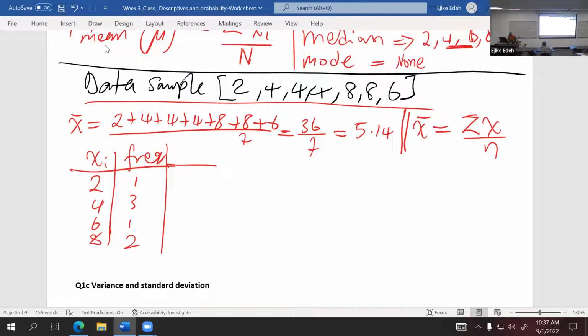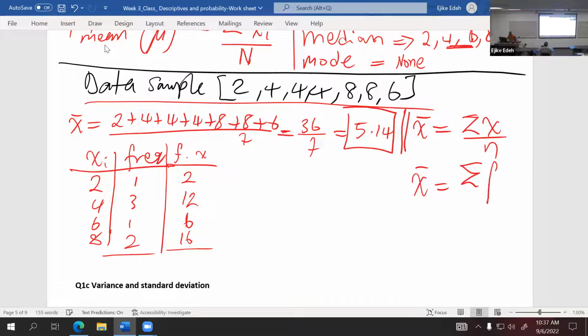So if we do frequency times the data point, then I'm going to have 2 times 1, that is 2 here. 4 times 3 will be 12. 6 times 1 is 6. 8 times 2 is 16. I could get the same answer by doing the sum of the frequency times the data, divided by the sum of the frequency.